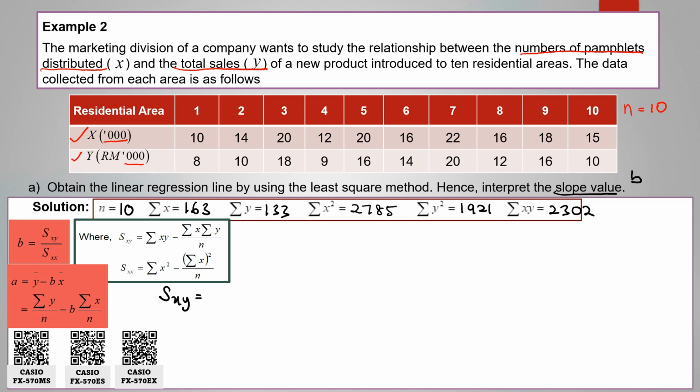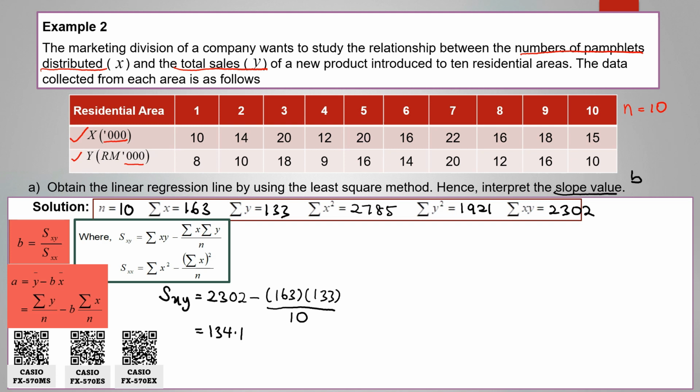Sxy equals 2302 minus 163 times 133 divided by 10. Sxy would be equal to 134.1. This is the value of Sxy.